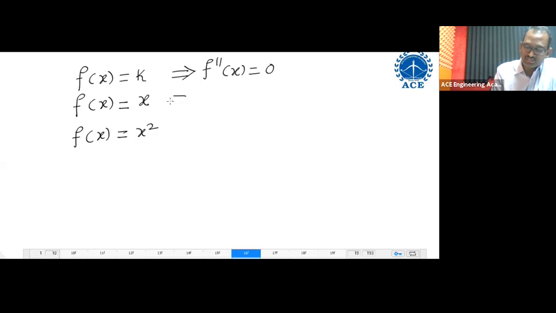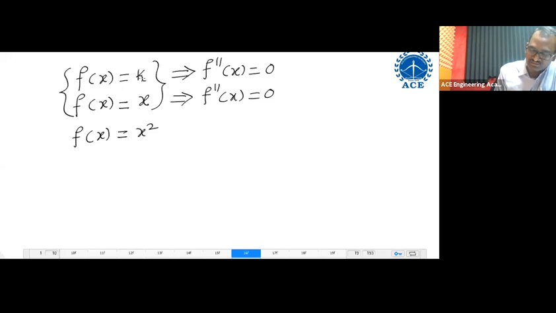What is F double dash of X for X? 0. So F double dash X is 0 when F of X is a polynomial of degree 0, K into X power 0, or a polynomial of degree 1.